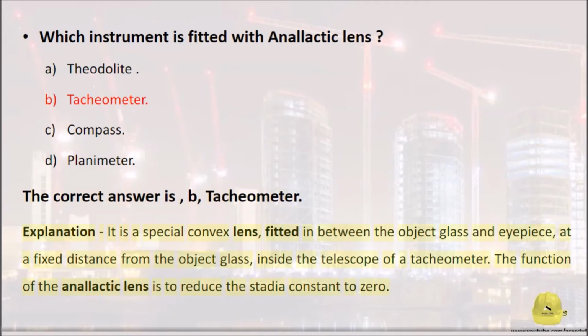Explanation: it is a special convex lens fitted between the object glass and eyepiece, at a fixed distance from the object glass, inside the telescope of a tacheometer. The function of the anallactic lens is to reduce the stadia constant to 0.